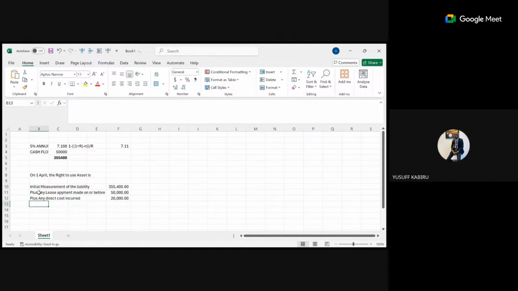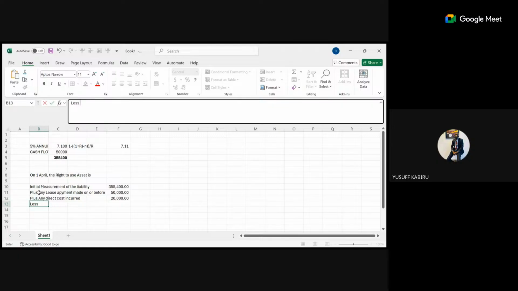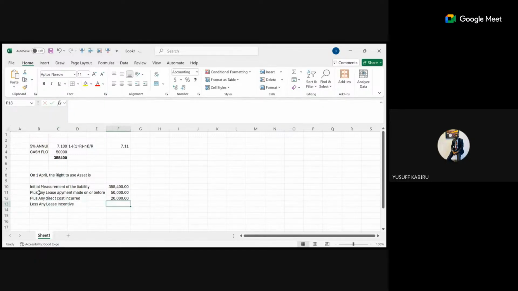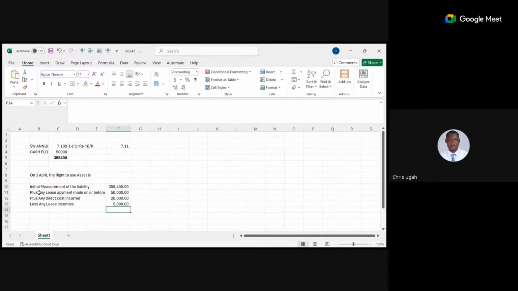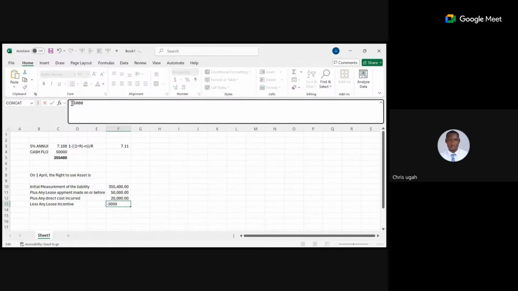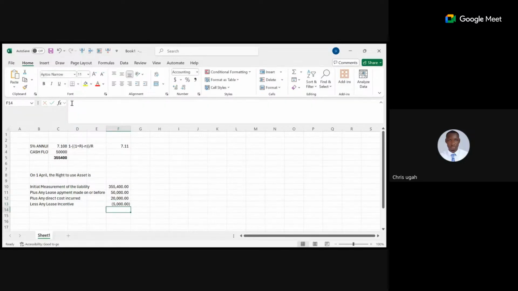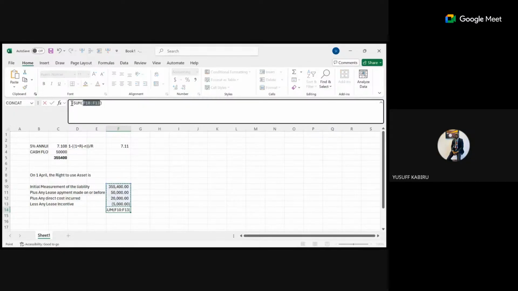So less any lease incentive. How much is incentive given? 5,000. So you can then sum it up.